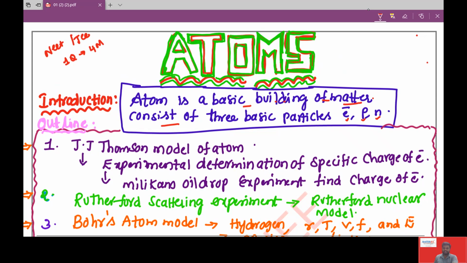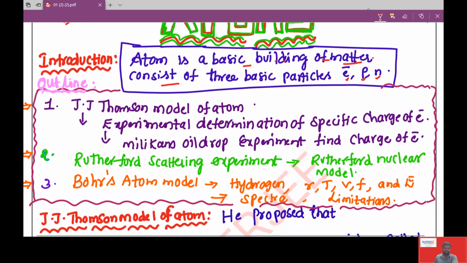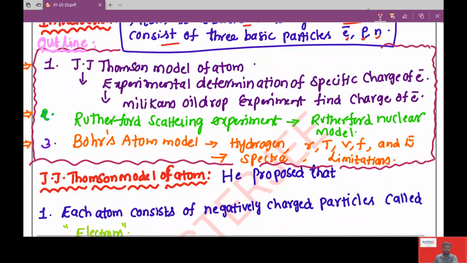We already discussed the brief outline of the chapter. What is the J.J. Thomson model of atom, and what is the experimental determination of specific charge of electron, that is the ratio of charge of electron by mass of electron. What is the Millikan oil drop experiment and how to find the charge of electron.